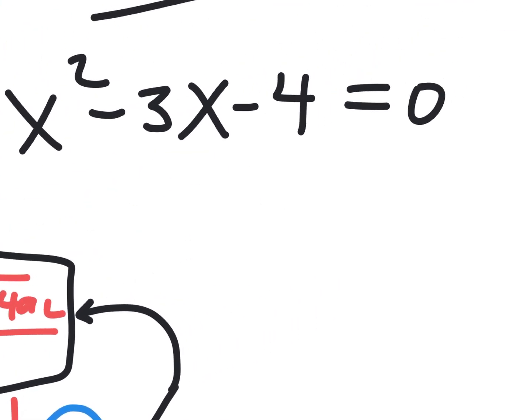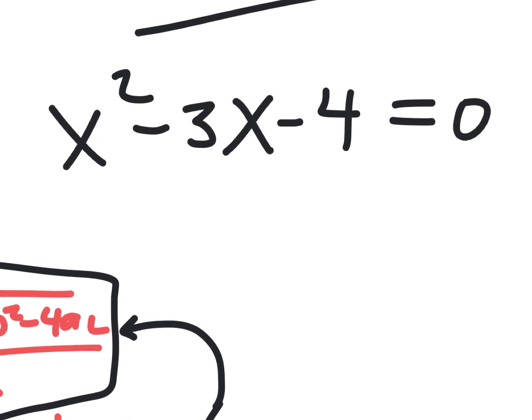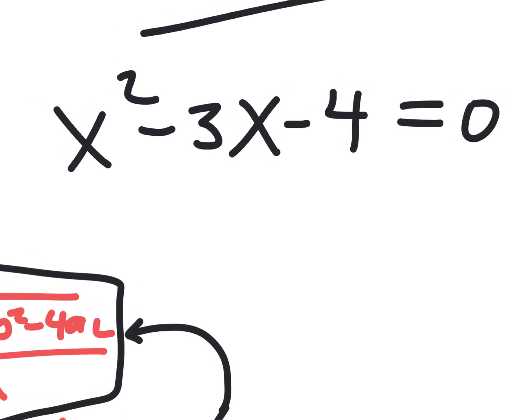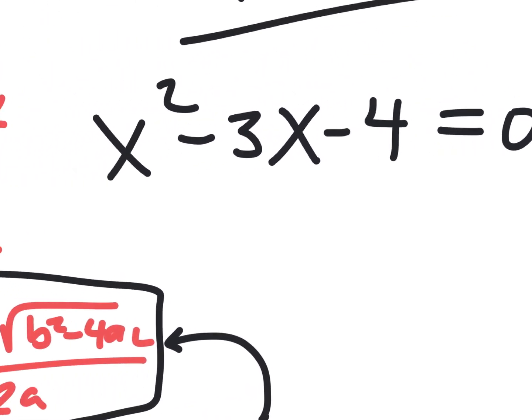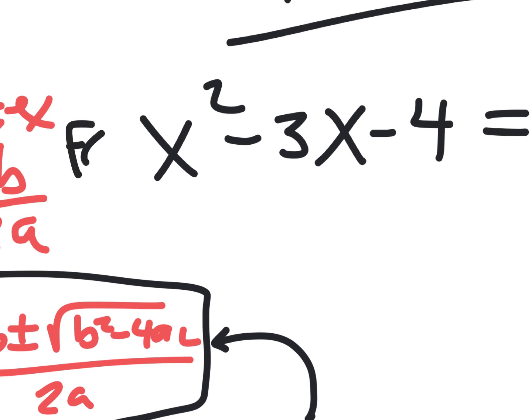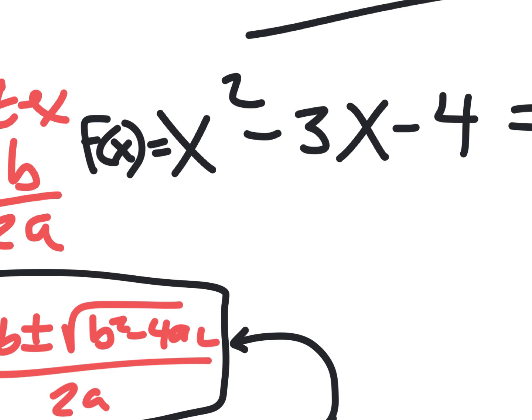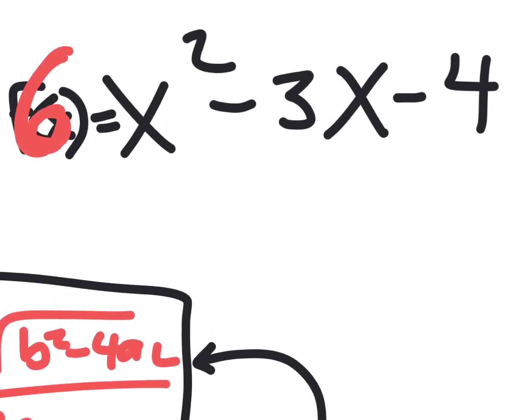But what if they tell you that the height was like 6? Well, then the problem would look like this. It would have an f of x in the front of it. And if they say the height is supposed to be 6, f of x is the height. You would put it right here. So now, what's A, B, and C?